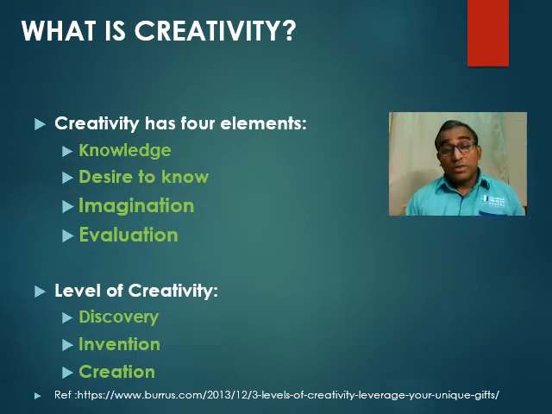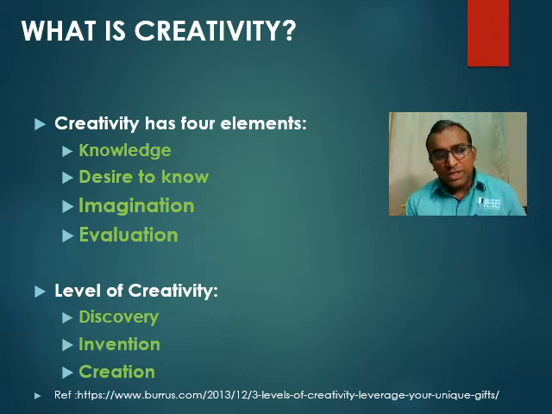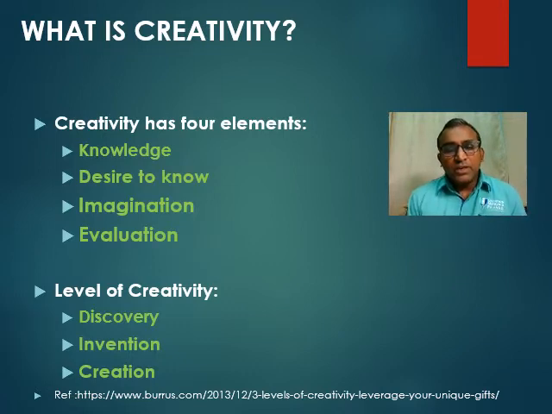So a person with lots of knowledge will end up with a desire to know more, and then come up with something in a new area of discovery, and will tend to evaluate whether it has any importance to society. And then the levels of creativity are put into three levels.